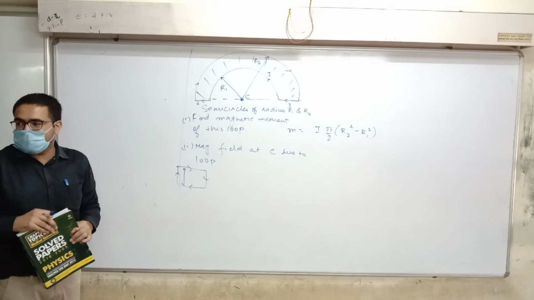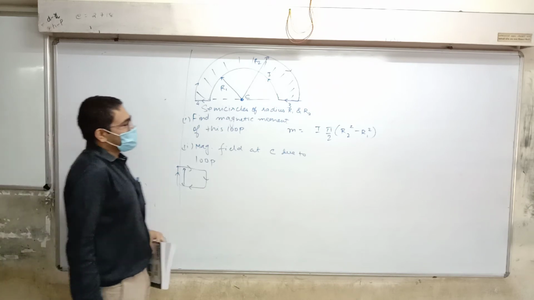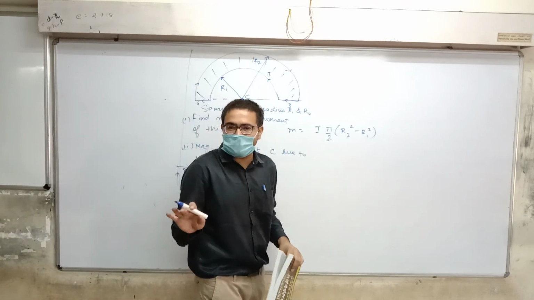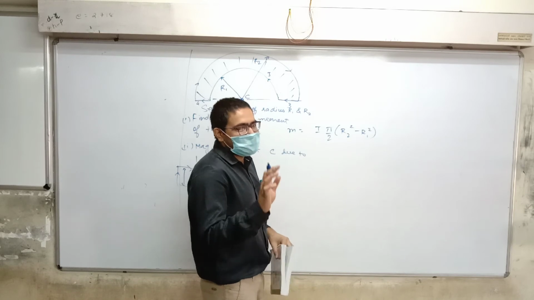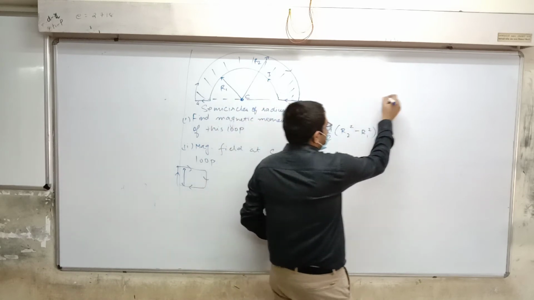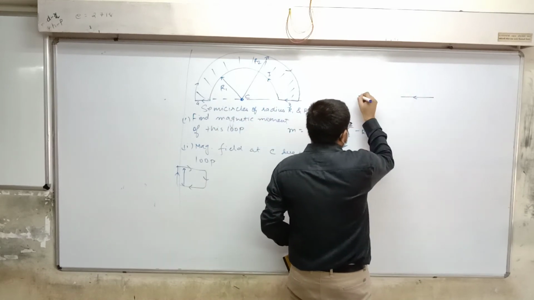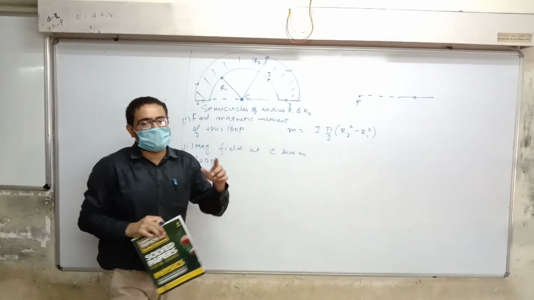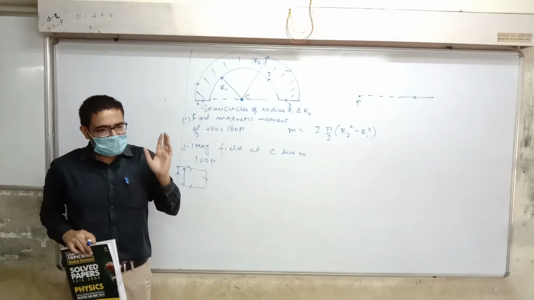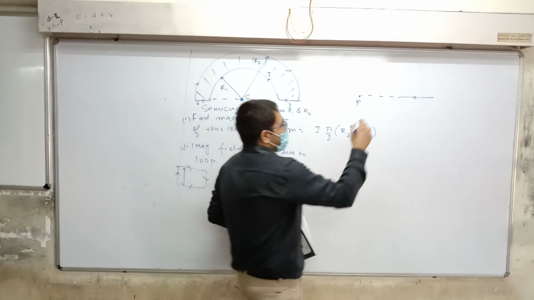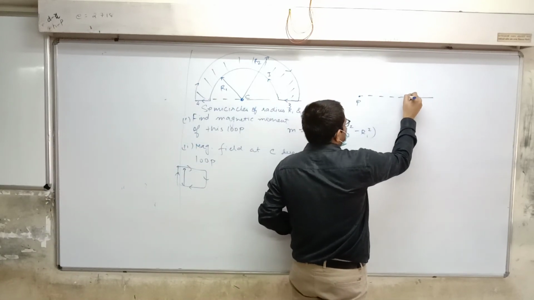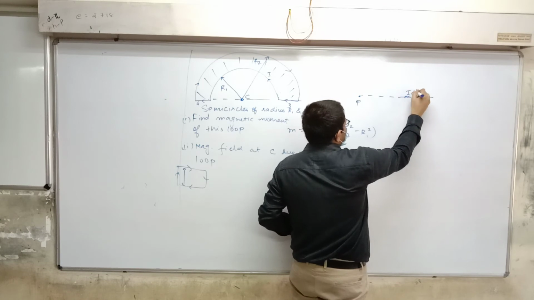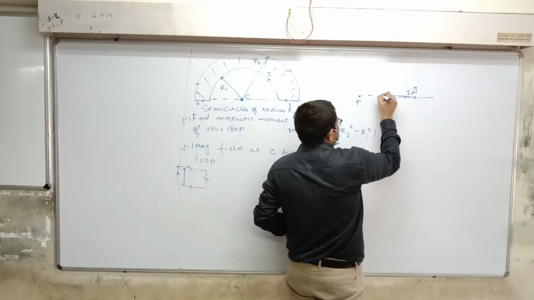It will be 0. A concept came earlier; it is all in the textbook, we haven't missed anything and nothing is from outside. If you remember, you have a straight wire and you take a point which is in line with that wire, the magnetic field is 0 due to Biot-Savart law. Suppose you take this point and a current element, so there is a position vector.